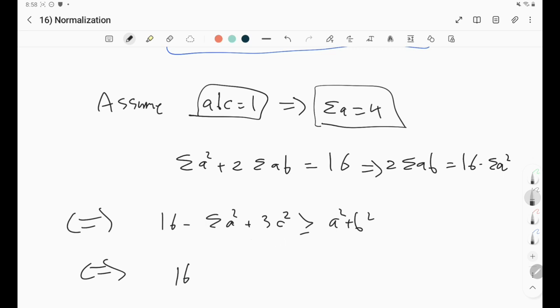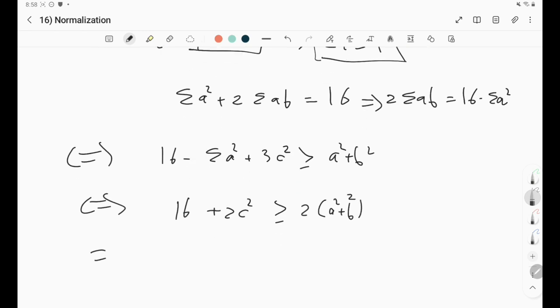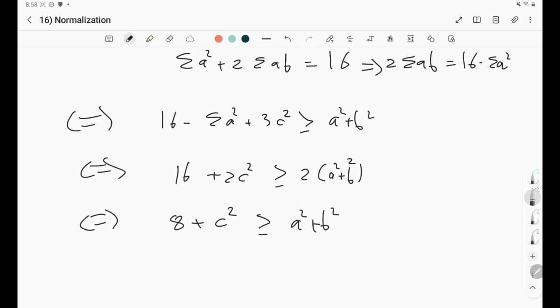This thing became plus 2C square. And now we move this to the right hand side. We have 2 times A square plus B square. Okay, we can divide by 2, of course. 8 plus C square is greater than or equal to A square plus B square. Very nice. So now we just need to prove this thing.